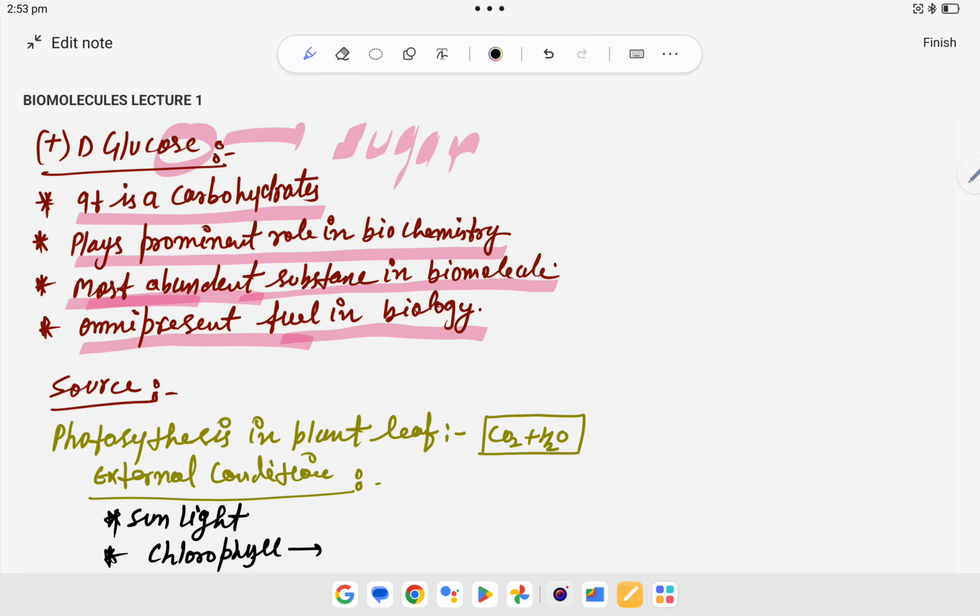Chlorophyll is a metal ion complex of magnesium. That is the chlorophyll. So this is the main source of carbohydrates.